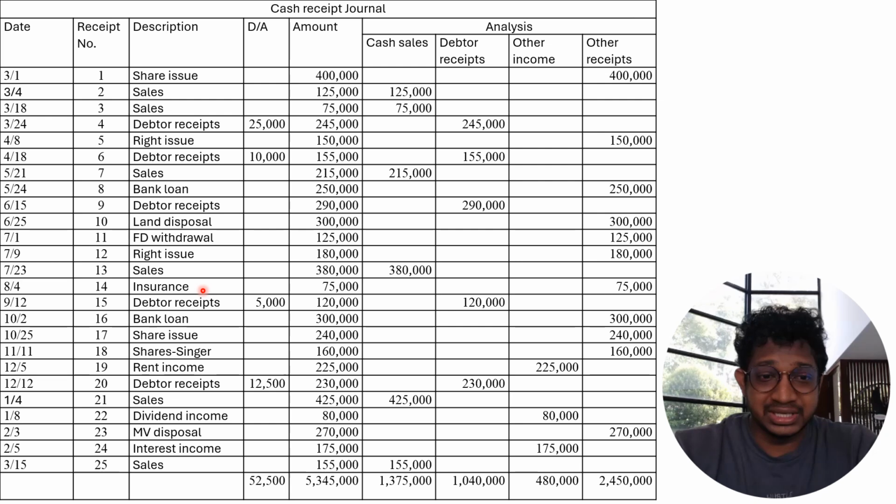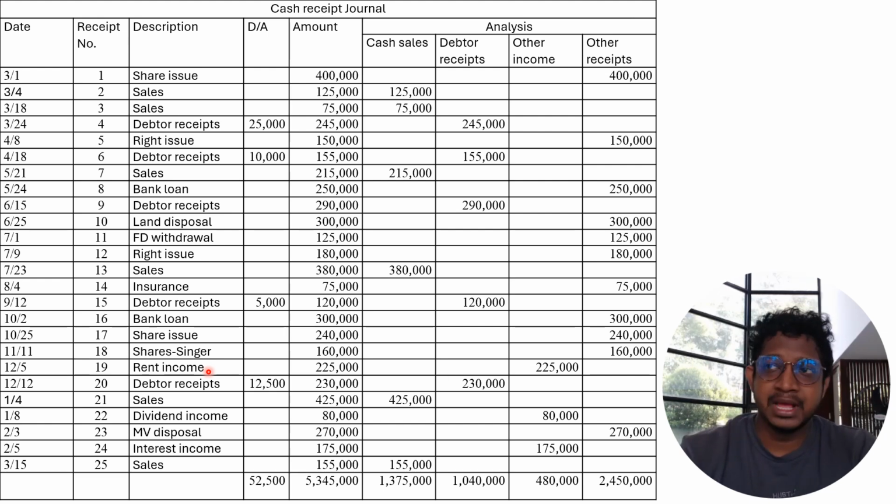And insurance. Here it is actually insurance compensation. Insurance is not an expense, this is the cash receipt journal. So this insurance compensation you have to record in operating activities. And shares in Singer means before that you invested in Singer. When you invest in shares of another company, it's an investing activities cash outflow.